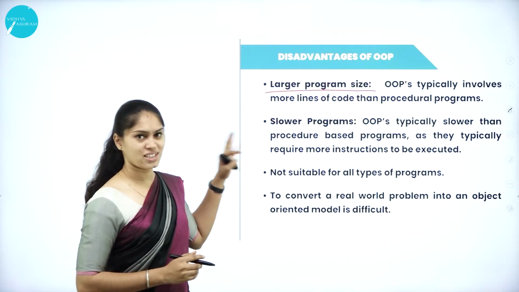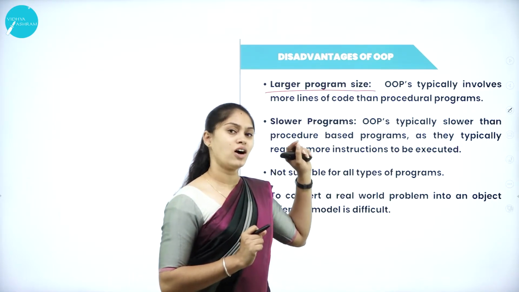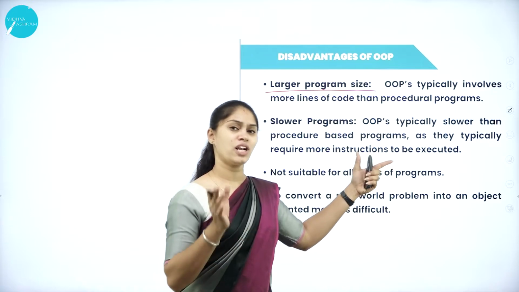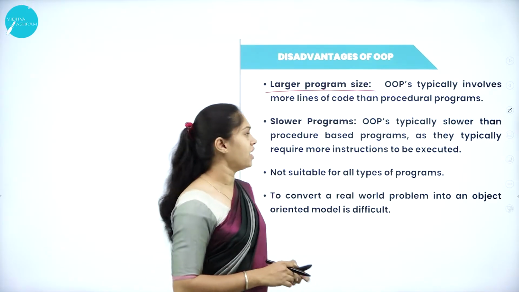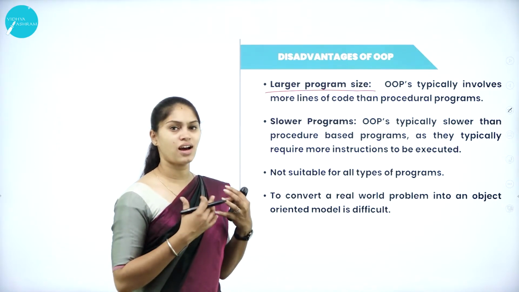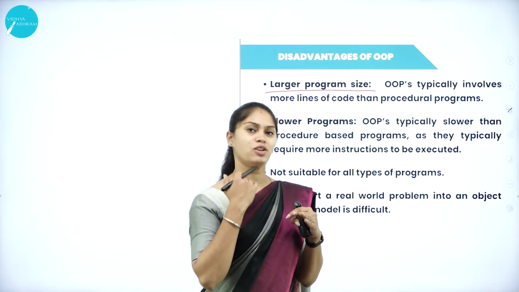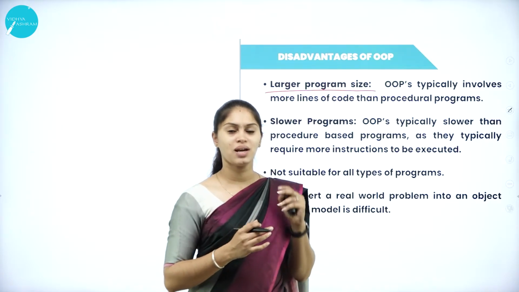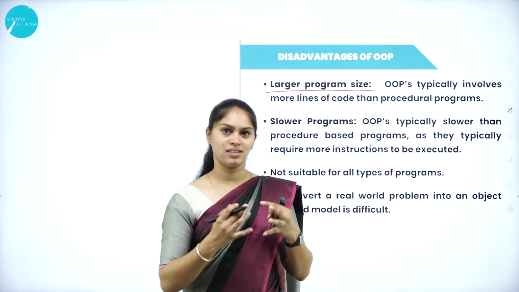When you compare procedural-oriented programming and object-oriented programming, OOP will have more lines of code than POP, so it will be considered larger program size. But it will solve a problem, or it will implement real-time scenarios. But the lines of code or the size of the program will be larger.